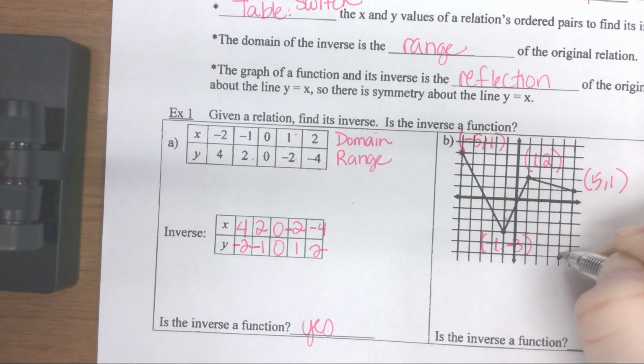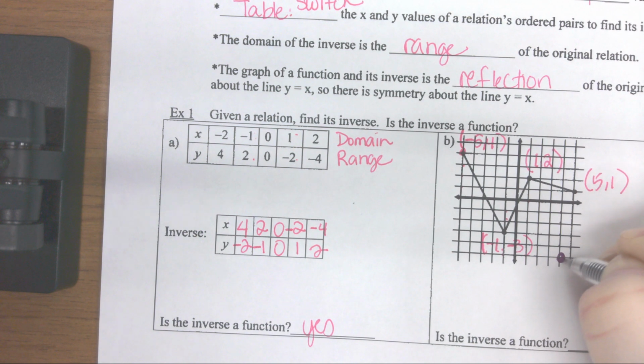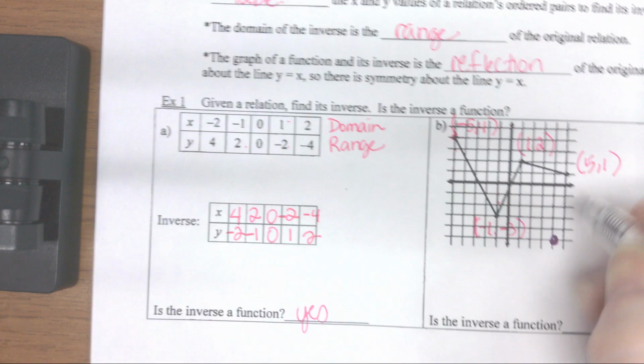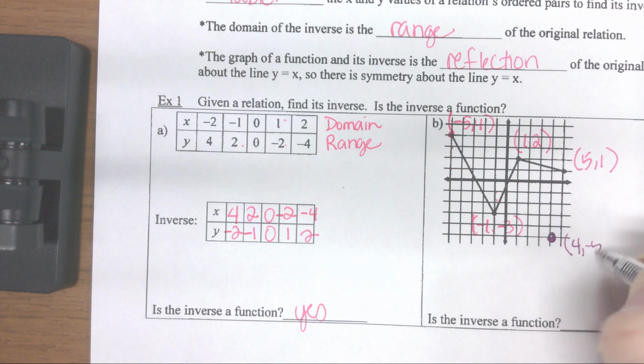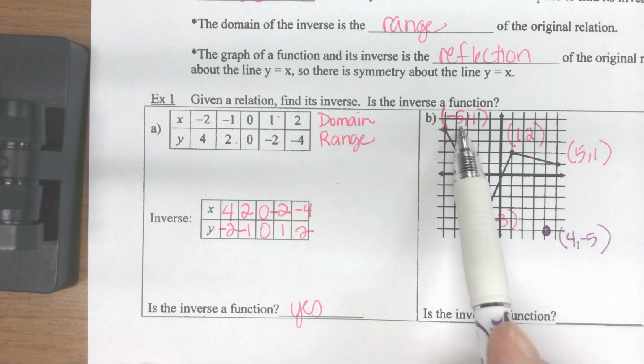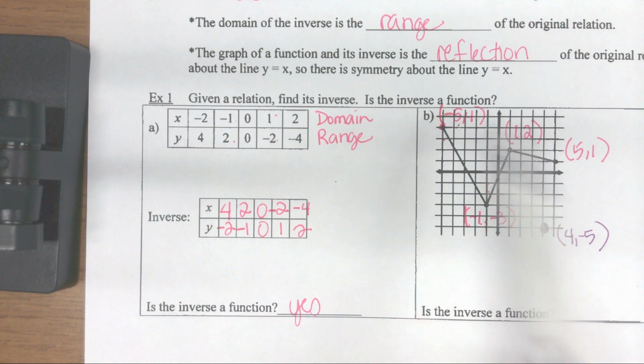Would you plot the point for 4, -5? Where did I get that from? That's the inverse of this point. -5, 4 flipped around is 4, -5.